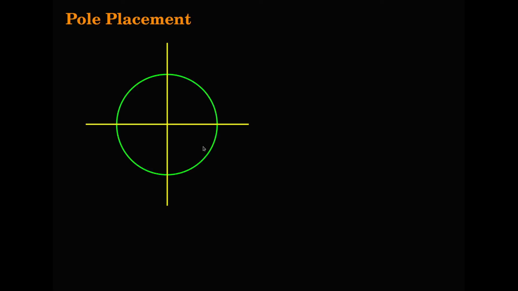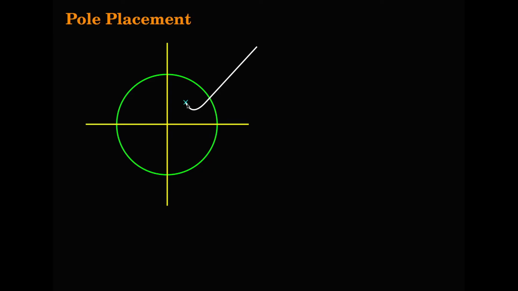Let me now consider a three-pole system, a three open loop pole system, and let us see how we place the poles of the closed loop system. Now consider the Z plane, and let me mark the unit circle on the Z plane, and let us place the three open loop poles along with the root loci.